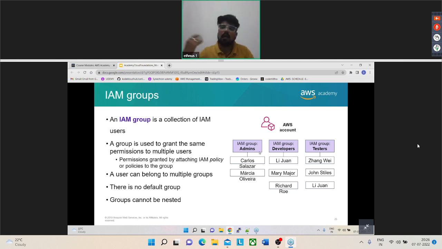I don't have to attach those policies individually to each user. I can attach it only to a group, and automatically each user is going to inherit those permissions or policies. So permissions are granted by attaching IAM policies to the group. To a single group, you can attach multiple IAM policies as well.